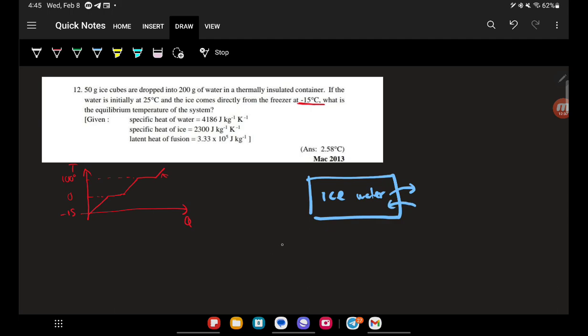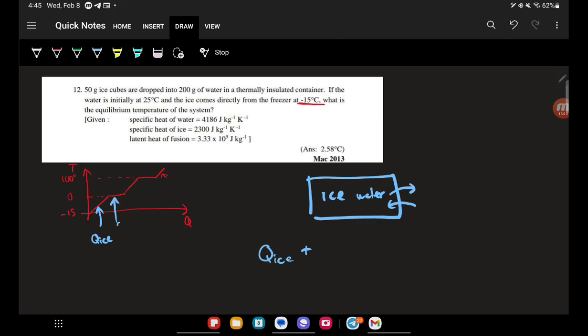So what we're going to have here is a process where Q ice. What do I mean by Q ice? Q ice is the heat transfer when it is still ice. After that, if it has more energy supplied by the water, it will melt.